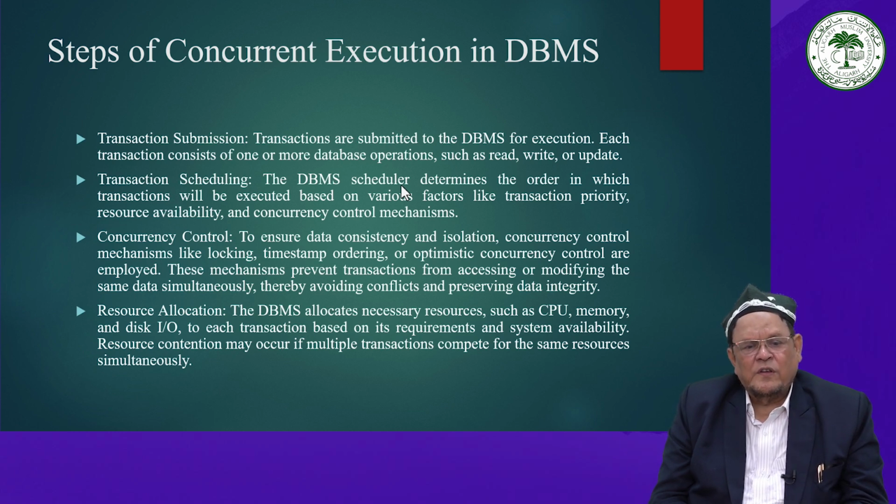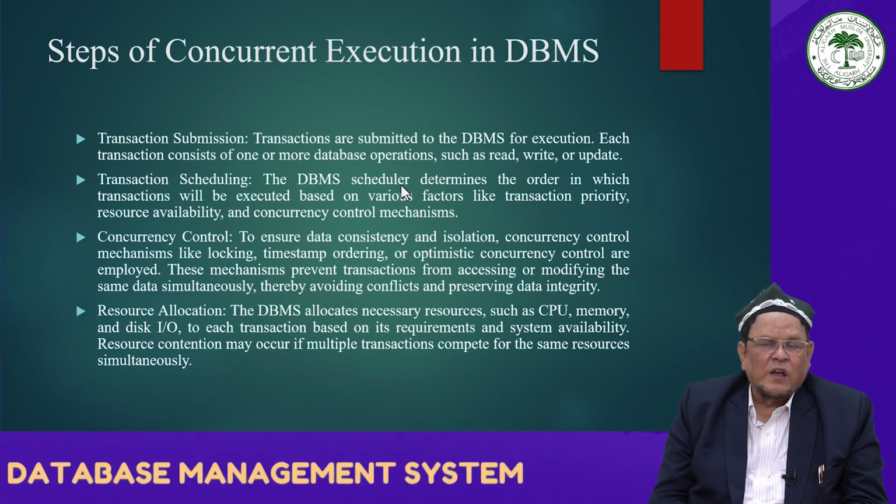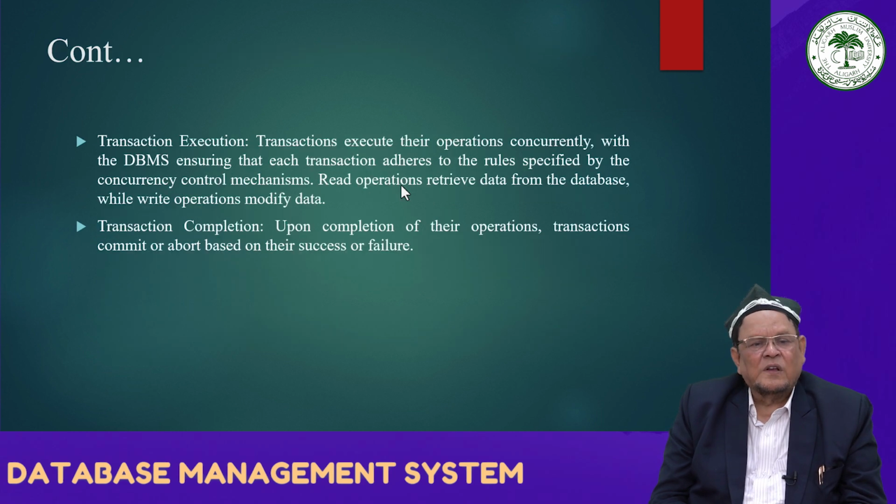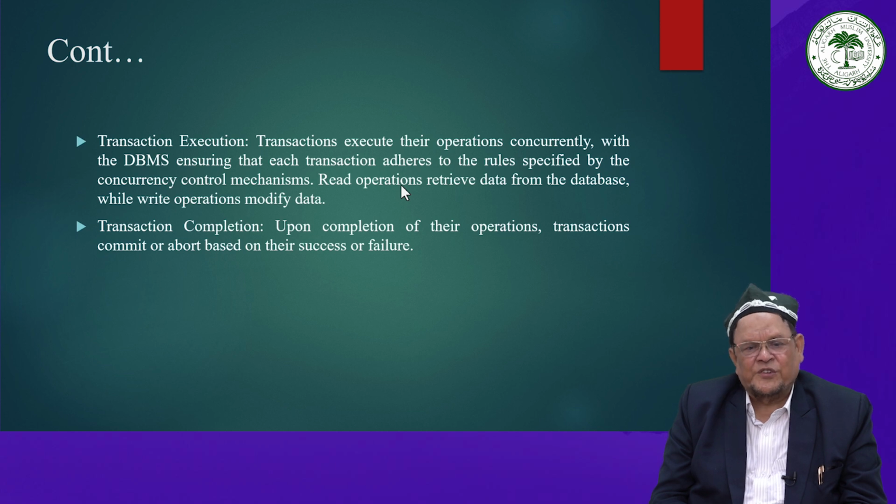Resource allocation. The database management system allocates necessary resources such as CPU, memory, and disk input-output to each transaction based on its requirements and system availability. Resource contention may occur if multiple transactions compete for the same resource simultaneously. Next is transaction execution and transaction completion.